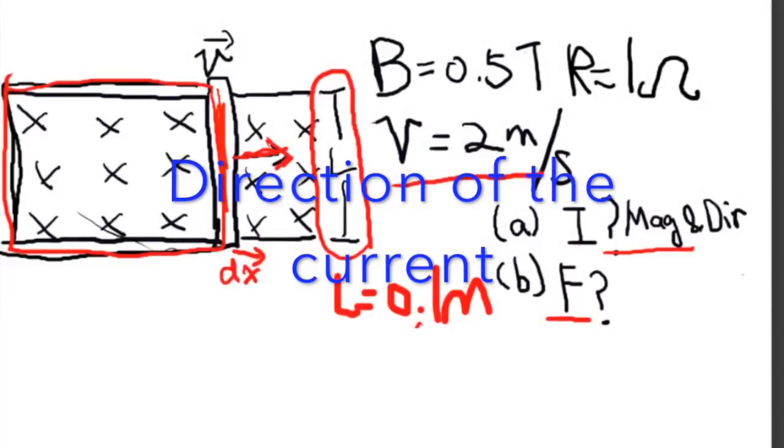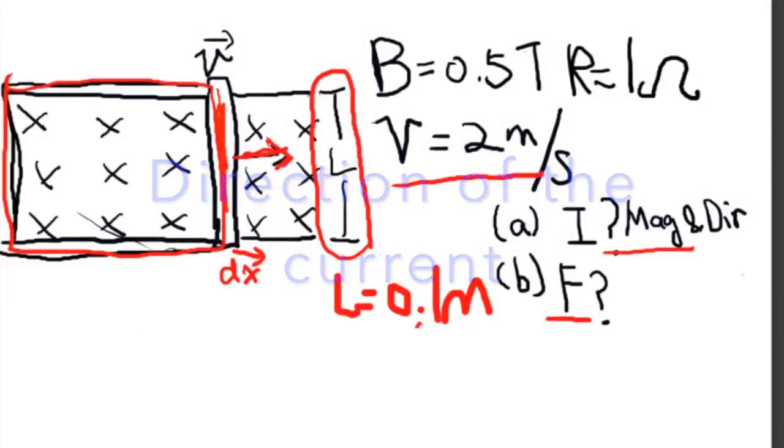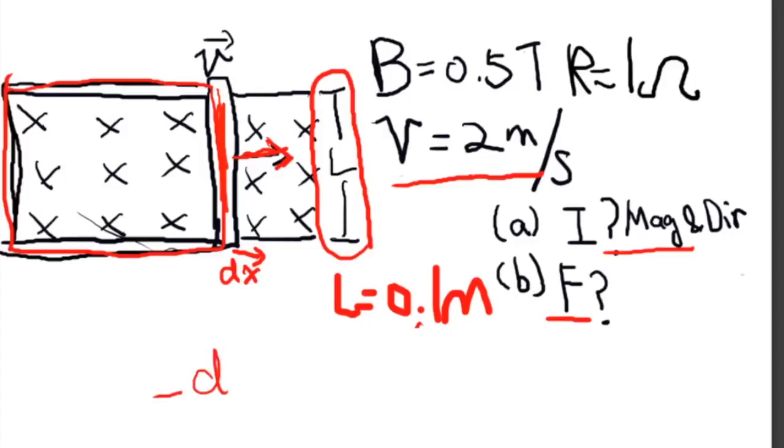Let's do part 2 of question 8, which is, what is the direction? Let's think about it. First, according to Lenz's law, which is the negative sign in the equation, the negative sign means the current should produce a magnetic field that's opposite to the direction.